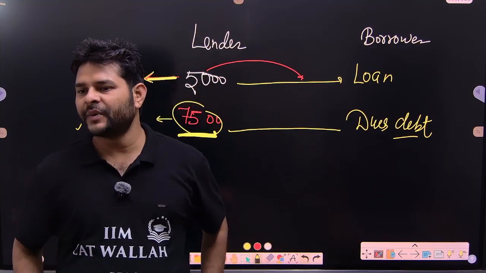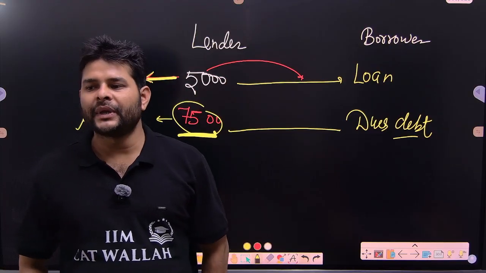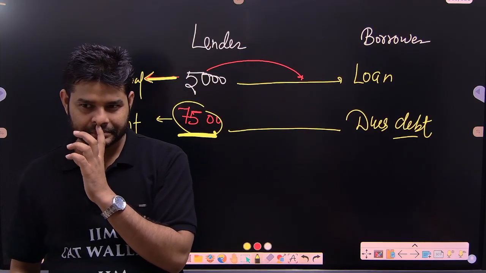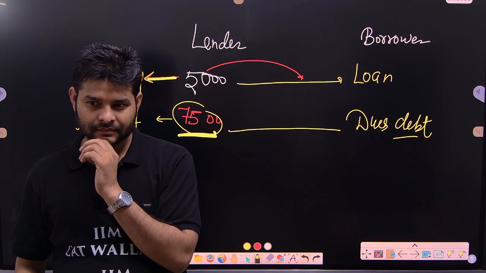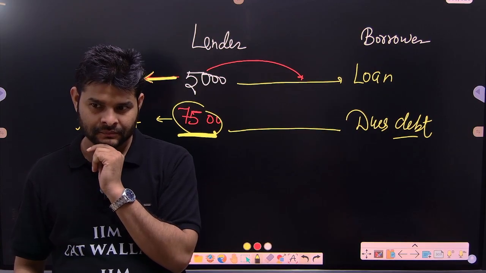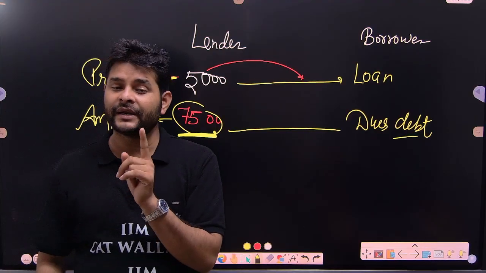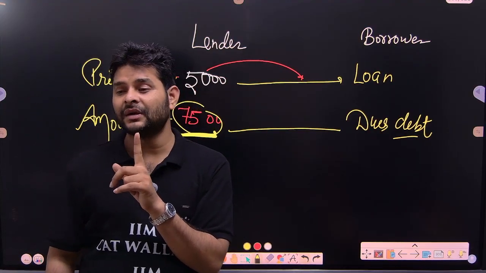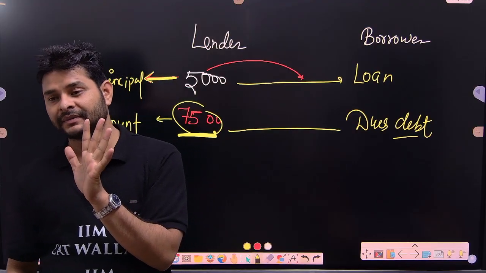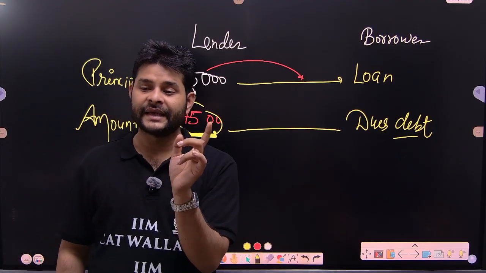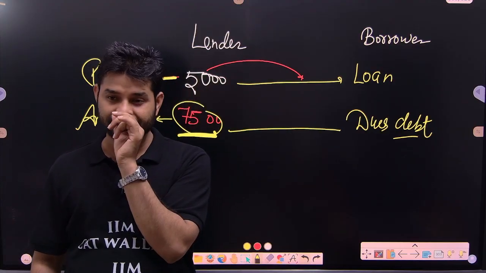Now he says to me, sir, I am able to pay that amount in installments. But he is saying this statement not in the last month of the last year, the 5th year. He is saying this statement in the very first year.